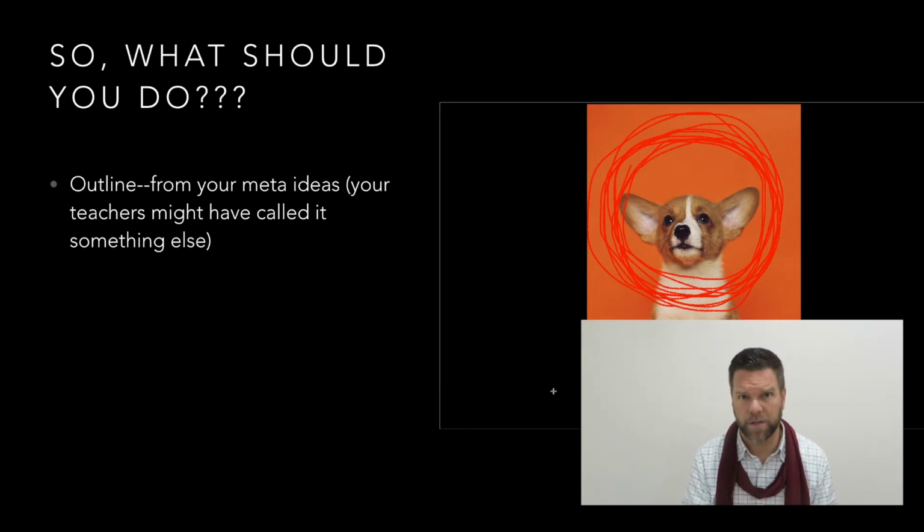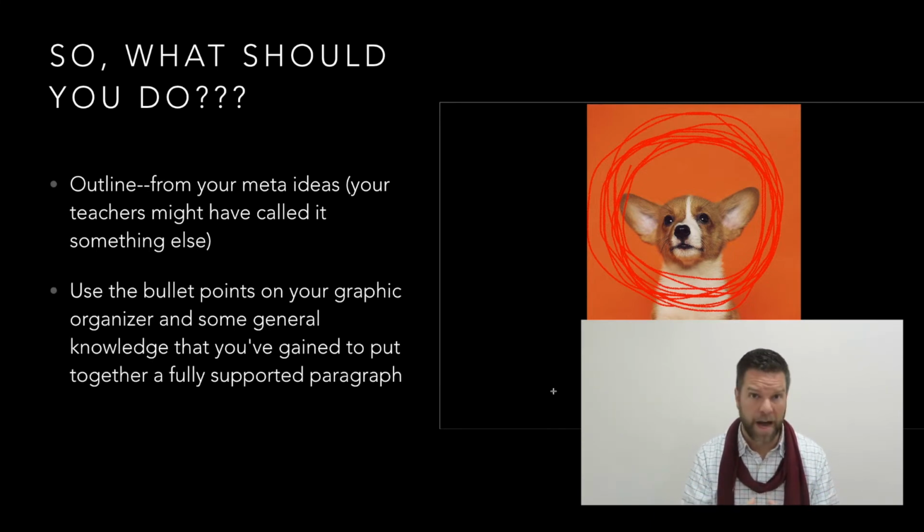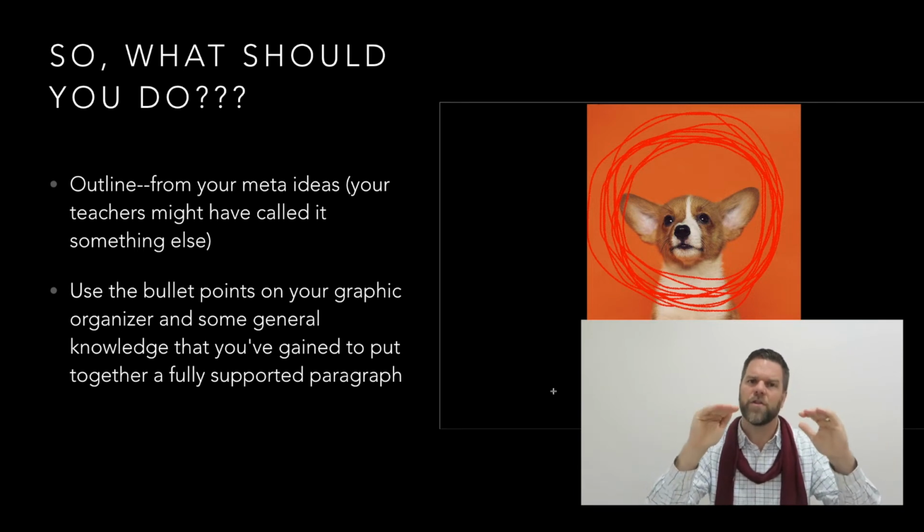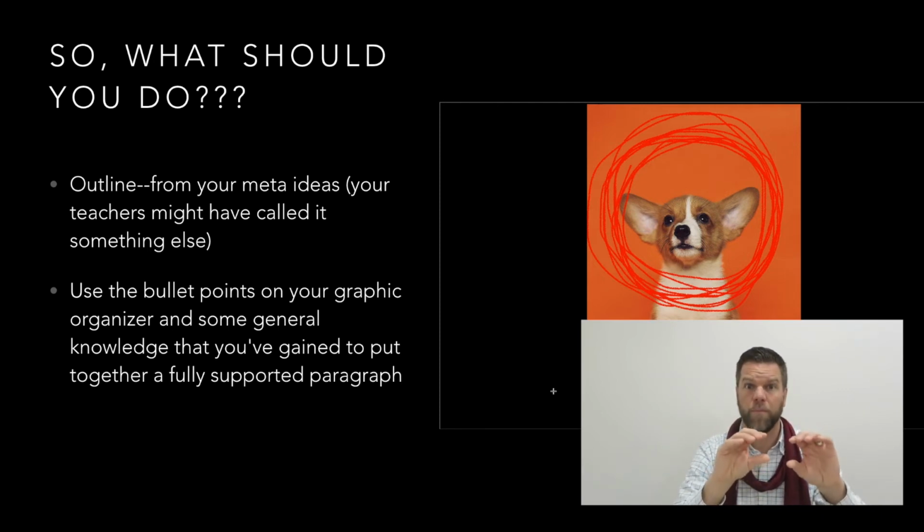What I suggest that you do is, you're not going to be able to use all of them. All of those bullet points are not going to be helpful. You're going to write a topic sentence. After your topic sentence, you're going to say something about that topic sentence which helps to support it in a general way. Then you use your support to help make that general statement supportable or true. What do I mean?